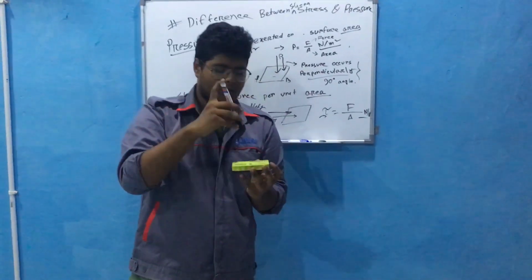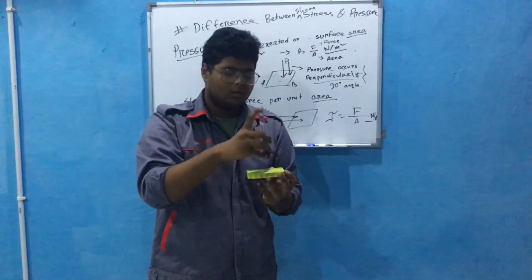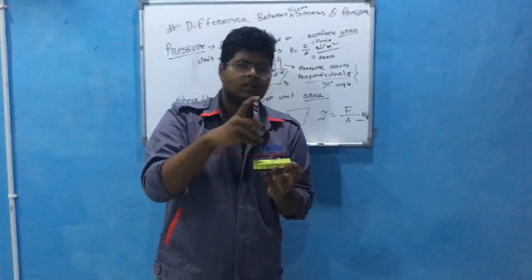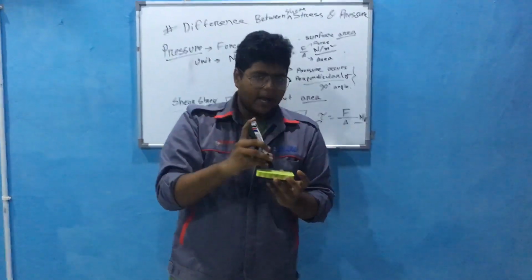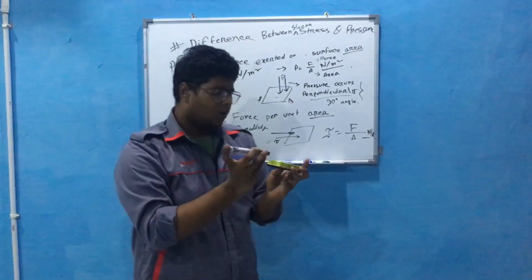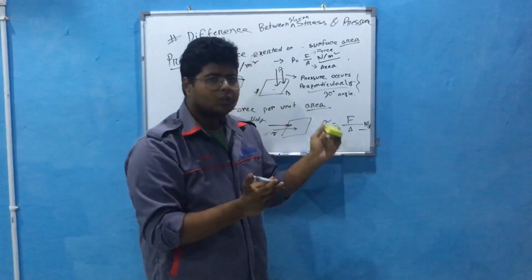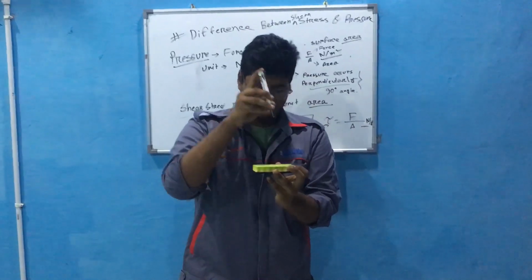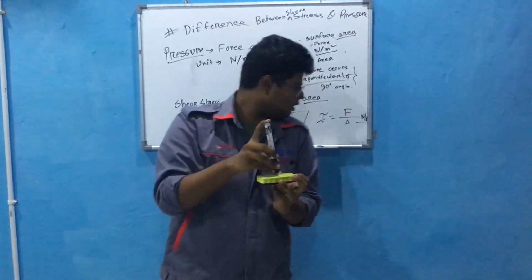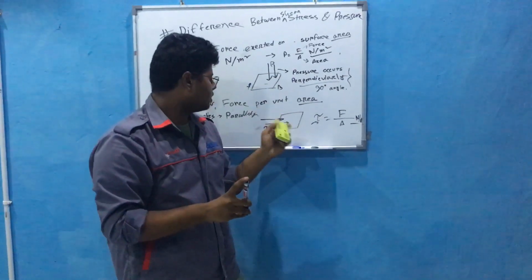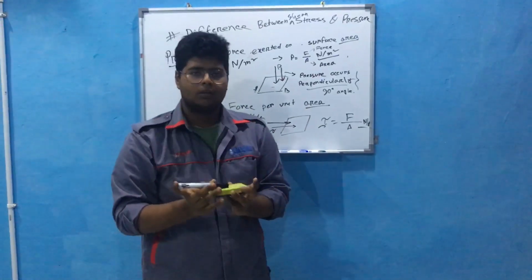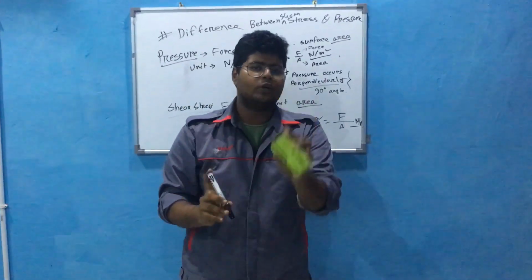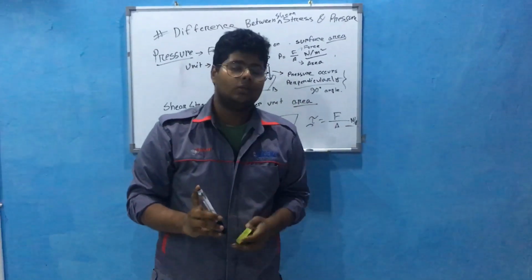The angle between the force and the object is 90 degrees, and in shear stress, the force occurs parallelly, so the angle between the force and the object is 0 degrees. So this is the main difference between pressure and shear stress.